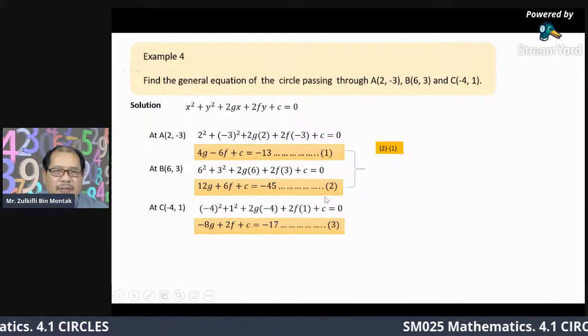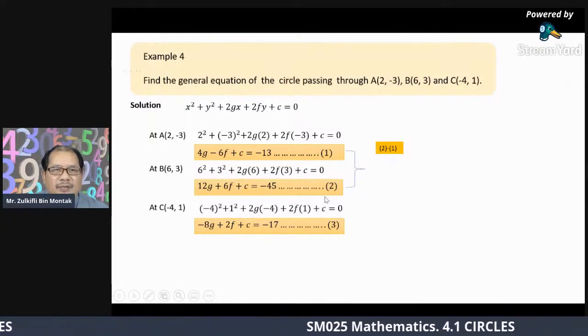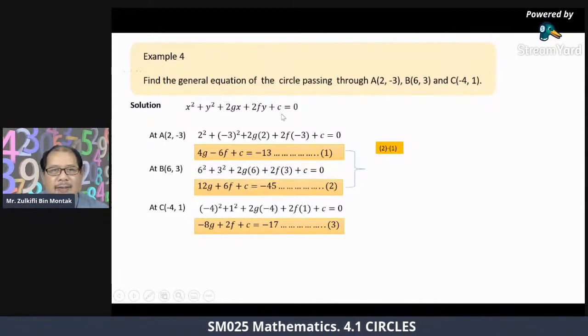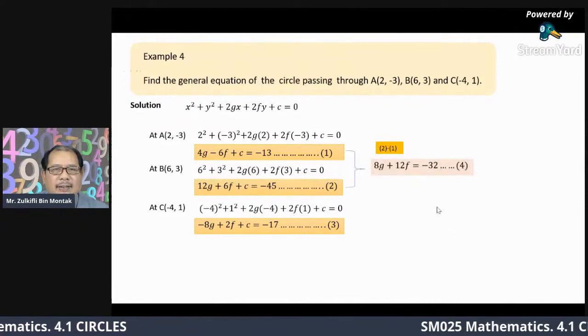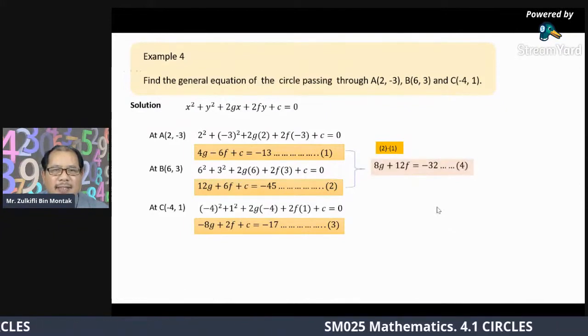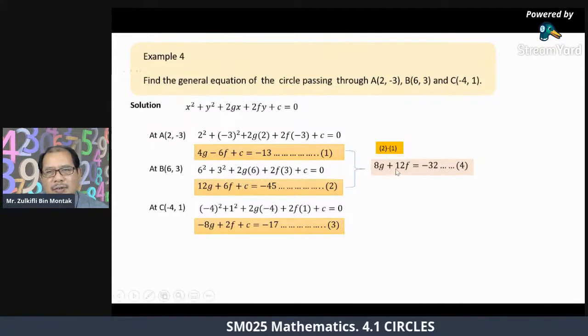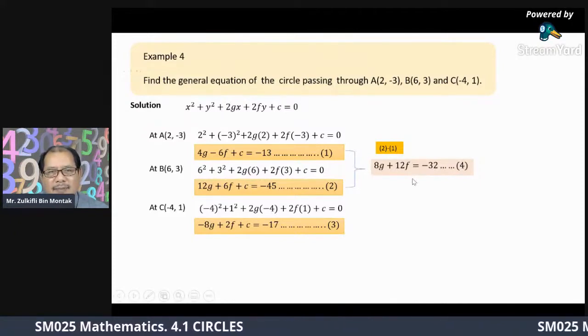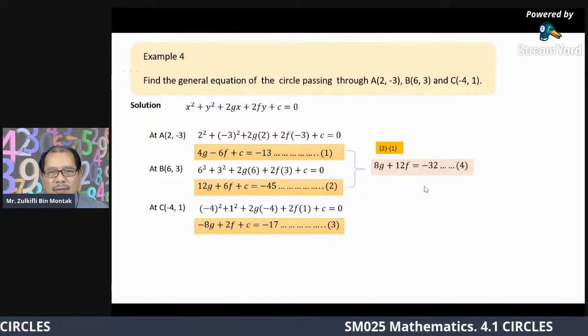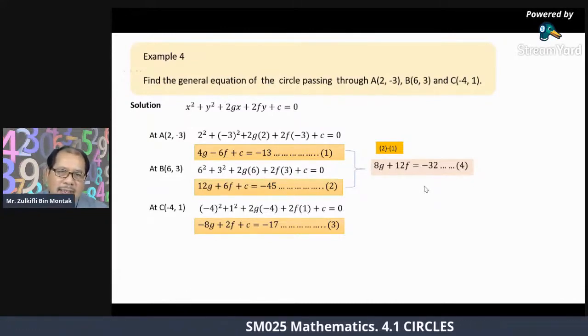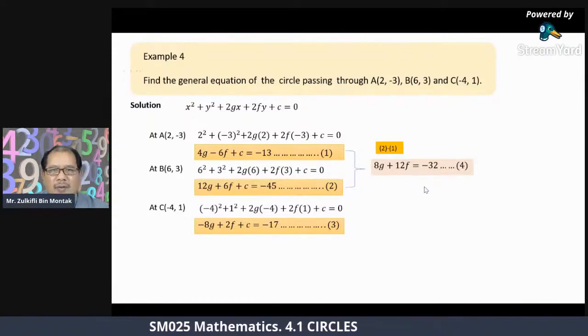So 12g minus 4g, we have 8g, and then 6f minus (-6f), we have plus 12f, and then negative 45 minus (-13), we have negative 32. Now we write this as equation number 4.